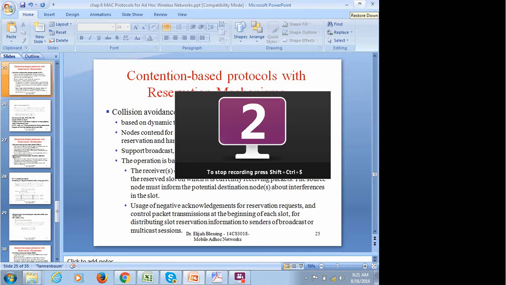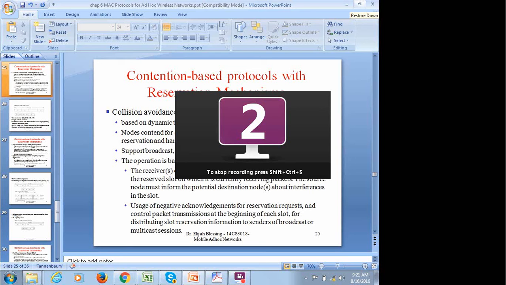So that means, considering the transmission node, the number of slots should be more than the number of 2-hop neighboring nodes. So we should count how many 2-hop neighboring nodes are available, and the number of slots should be greater than that. If it is lesser than that, what is going to happen?